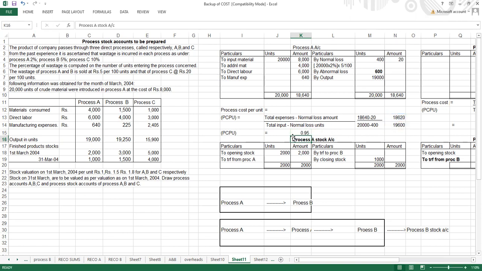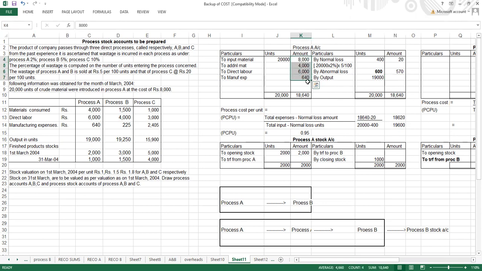So 0.95. Okay, so I can multiply that 600 with 0.95. I'll get the amount of abnormal loss. Clear? 600 into 0.95, 570. Okay, now you can take output value as balance.